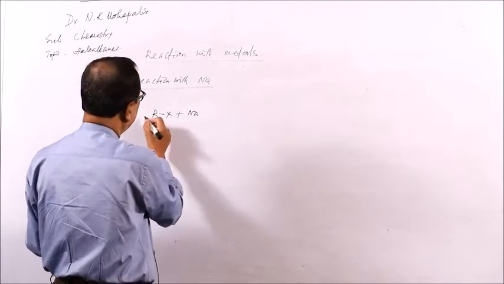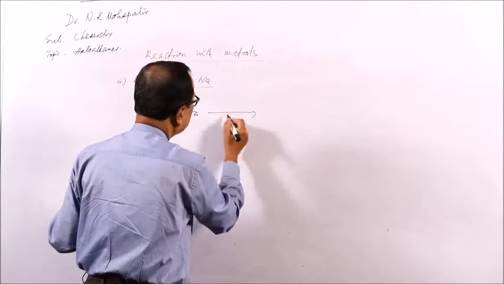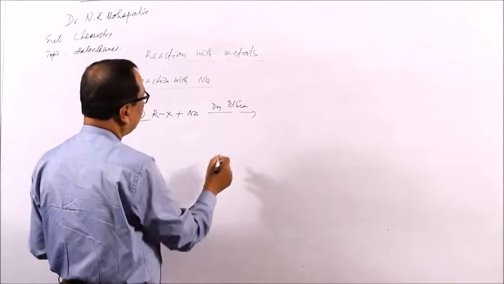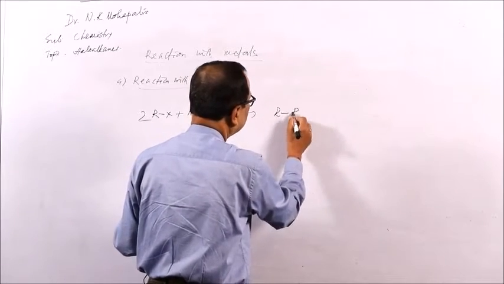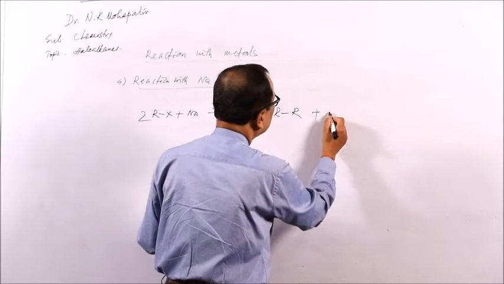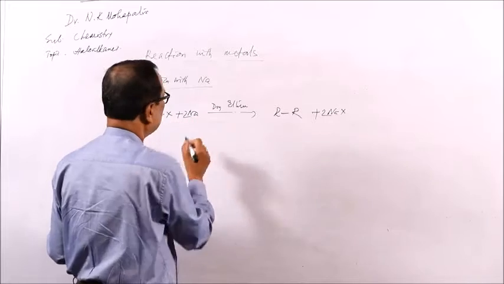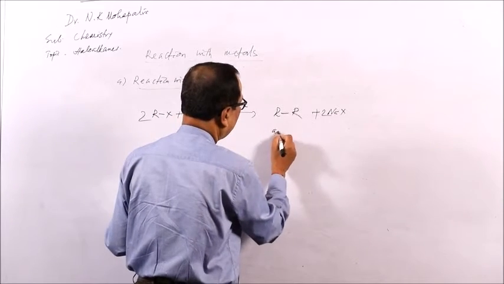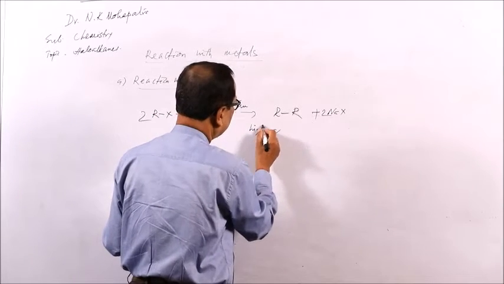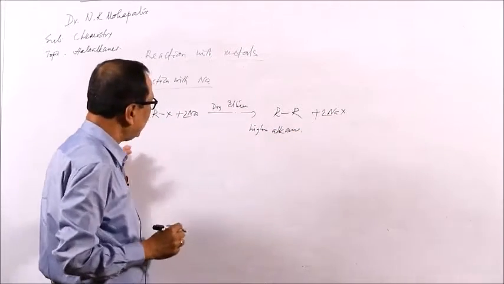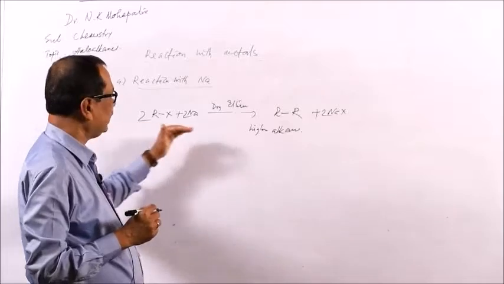Here 2 molecules of this will react in presence of dry ether. The product formed will be RR plus 2NaX. So this is your higher alkane. If you want to prepare higher alkane, then you have to proceed by this method.